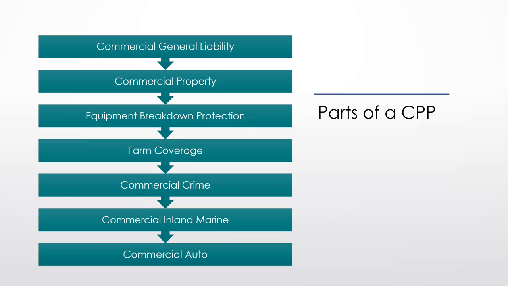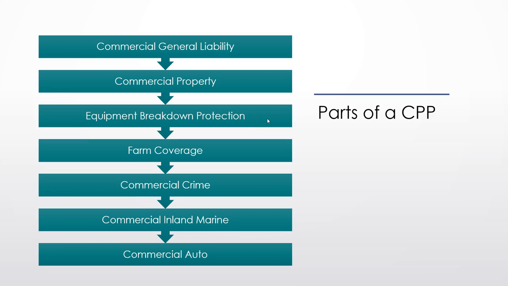So you have your commercial general liability insurance, commercial property insurance, equipment breakdown protection, farm coverage, commercial crime, commercial inland marine insurance, and commercial auto. These are the coverage parts. In some states they may be different because I believe breakdown protection also includes boiler protection and things like that.